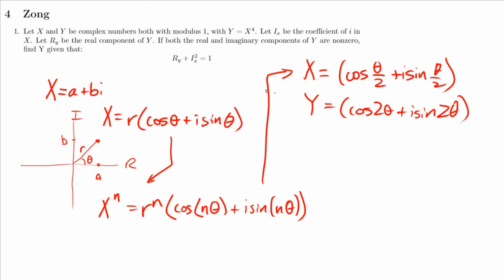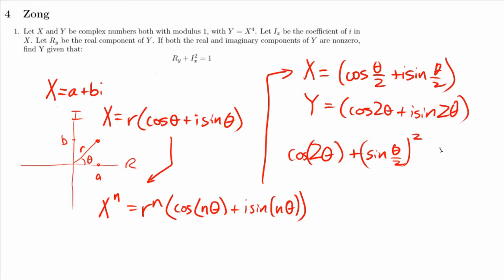So, if both the real and imaginary parts of y are non-zero, find y given that the real part of y plus the imaginary part of x squared equals 1. Okay, so the real part of y is cosine 2 theta. And the imaginary part of x is sine theta over 2.